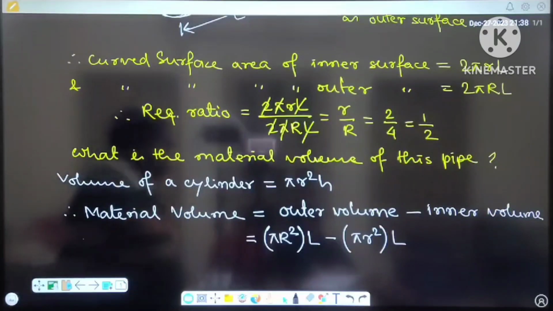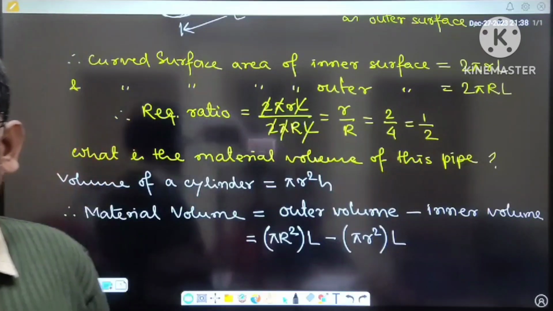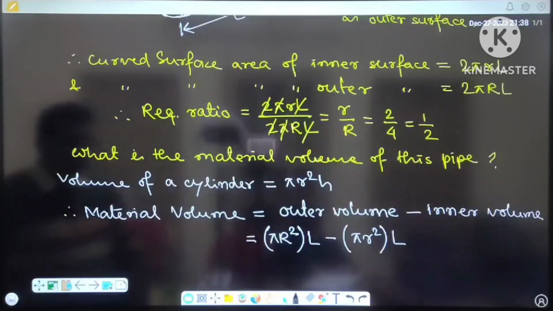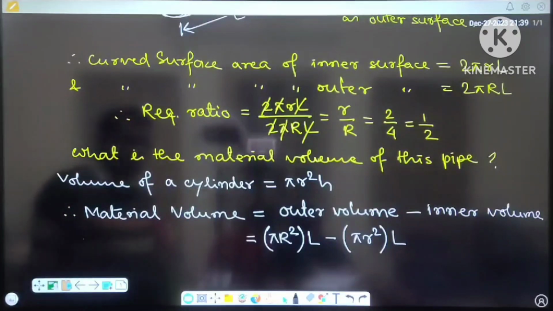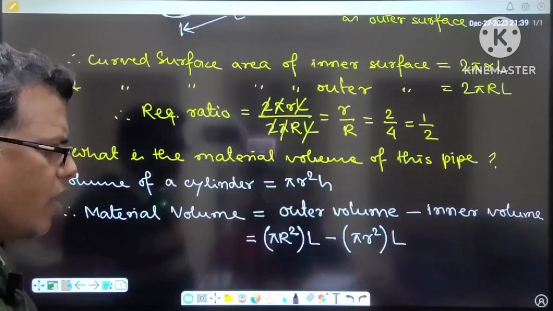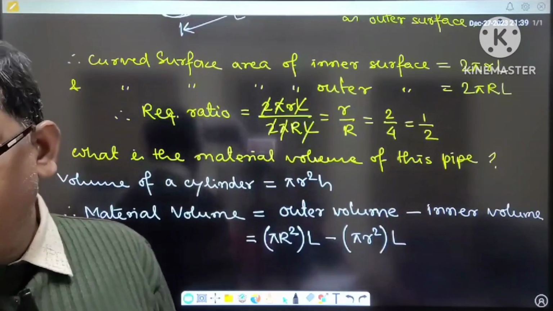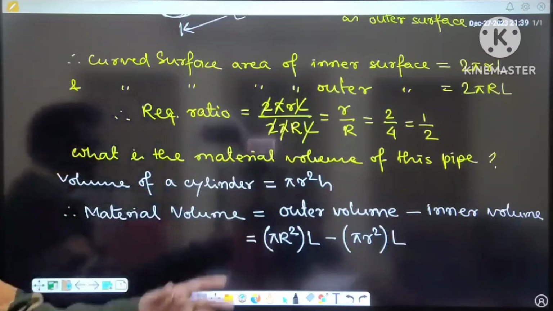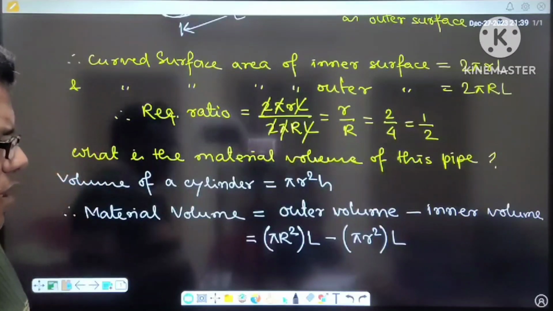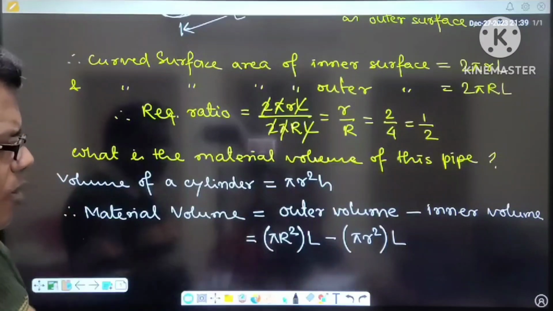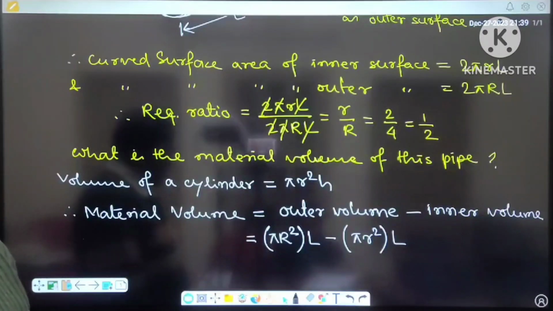So material volume will be outer surface enclosing volume minus inner surface enclosing volume. The cylindrical portion's volume is measured as its cross section into length. Length is only said to be h, right? So you know length, you know capital R, you know small r as well.